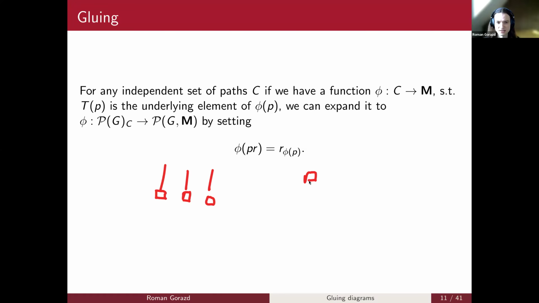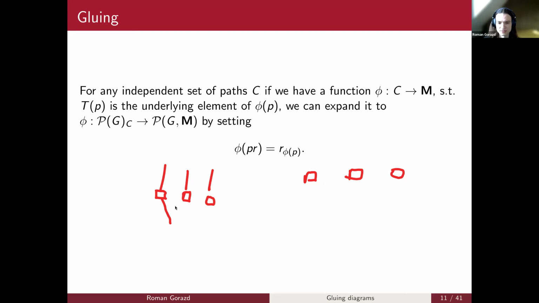We can expand it to going from every path that lies under C to this multiset of paths here rooted at M. So here I'll define it formally as just setting, P, if we extend it by R, we get R rooted at the image of P.